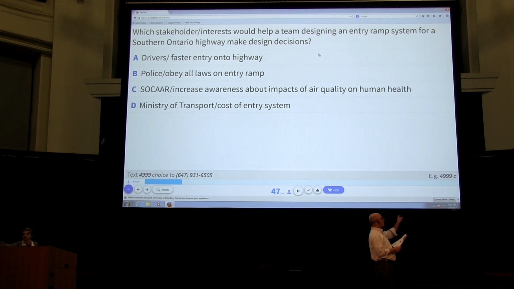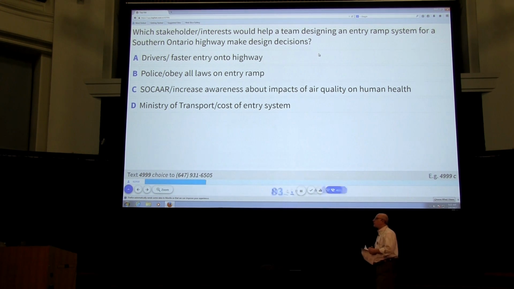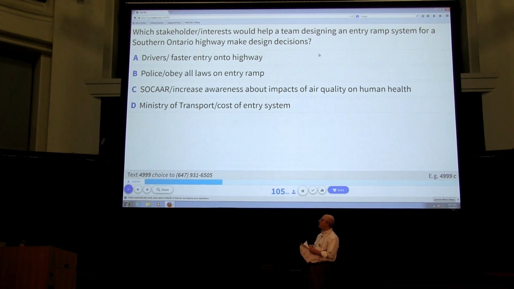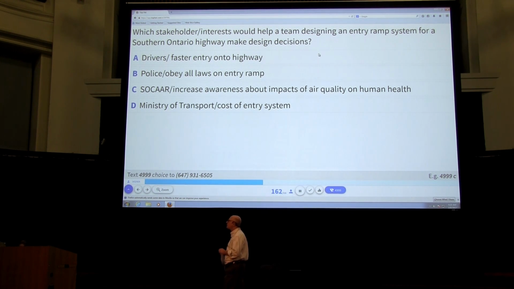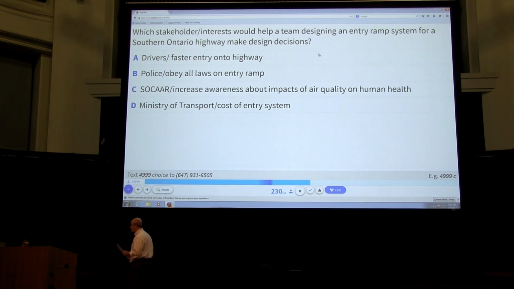The stakeholder of drivers who want faster entry onto the highway, the stakeholder of police whose interest is obey all laws on entry ramp, SOCAR, the Southern Ontario Centre for Aerosol, aerosol and particulate research in the air. Their interest is increased awareness about the impacts of air quality on human health, or the Ministry of Transport, cost of entry system. Pretty easy question.